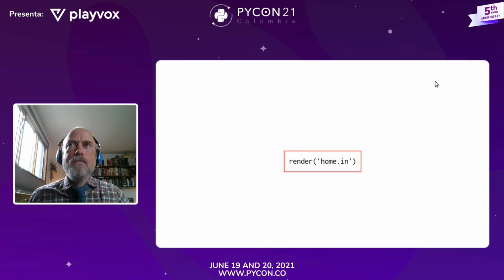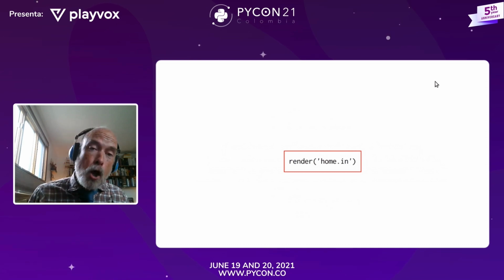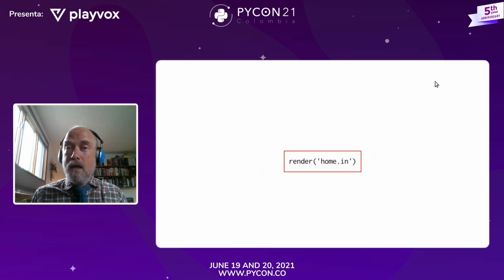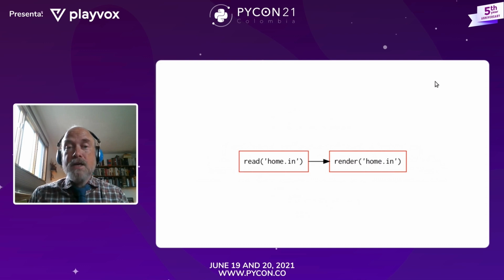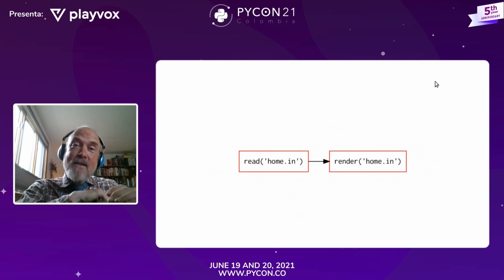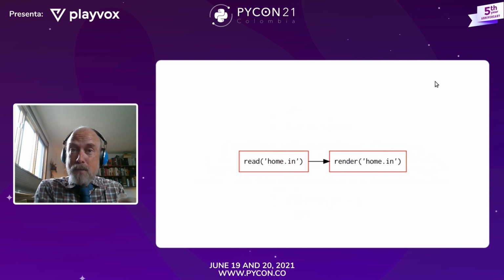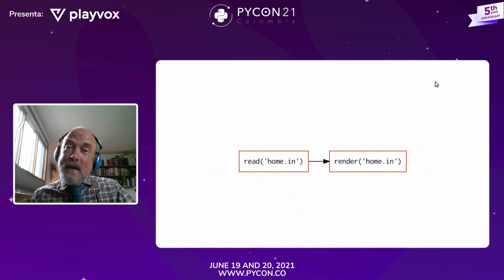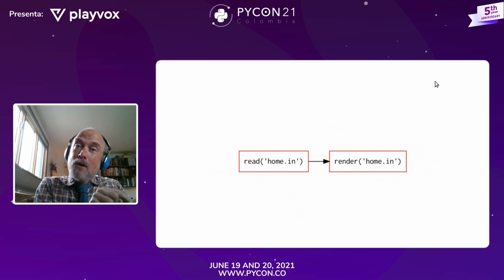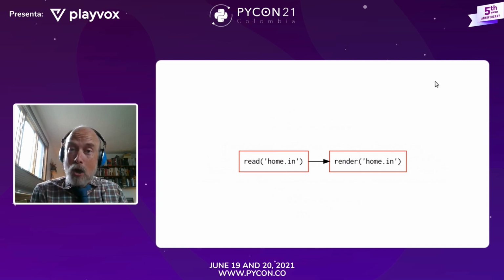Let's see how it works. We know we want to produce home.out, so we call render home.in, and the function we saw earlier starts running. Well, the first thing it does is it needs to read home.in, and because we have a wrapper that's been installed by the task decorator wrapped around that build step, we can see that render called it, and we can see what argument it was called with.